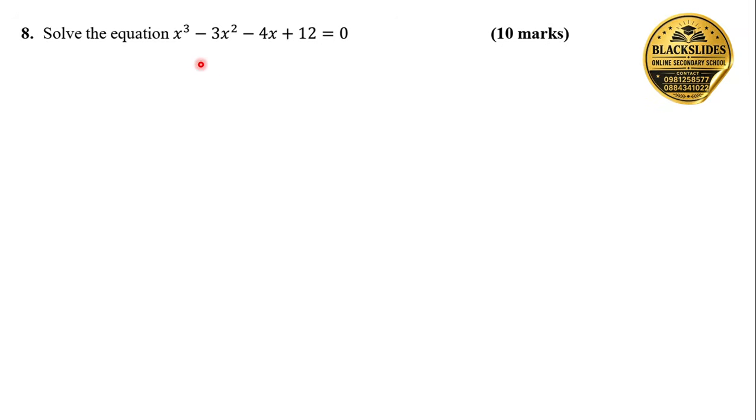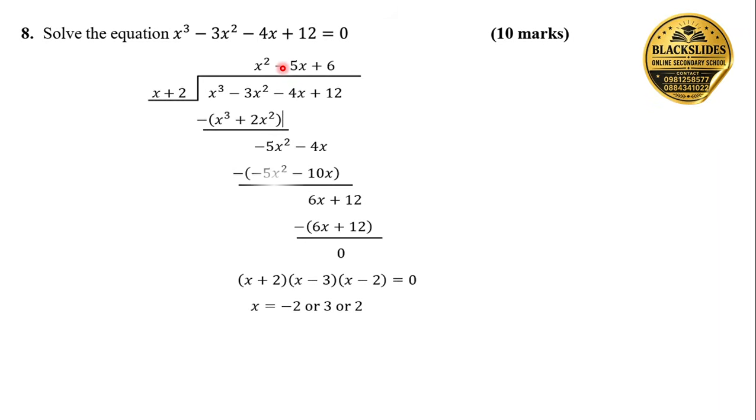So we are asked to solve this equation. First and foremost, we need to find one of the factors that can go into this without a remainder. So one of the factors is x plus 2. Divide this whole expression by x plus 2. It will give x squared minus 5x plus 6.